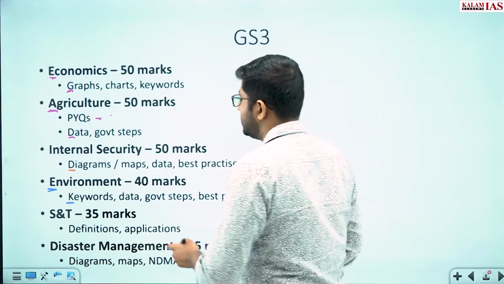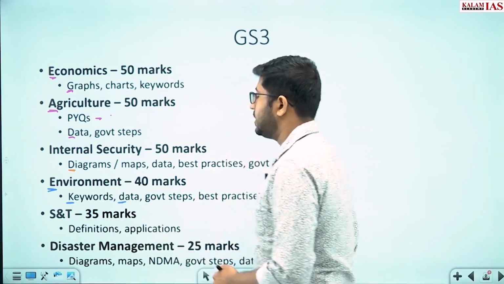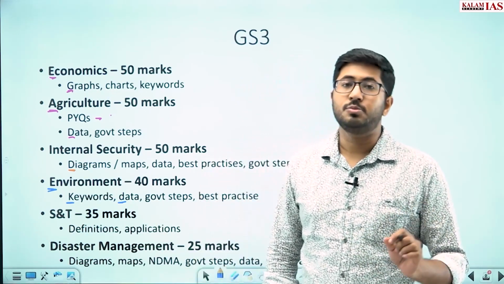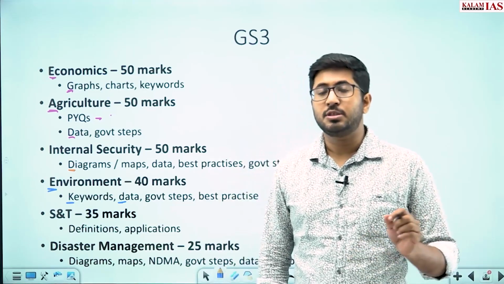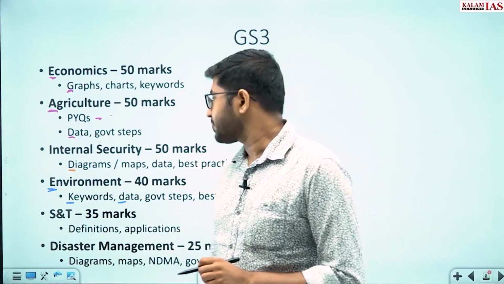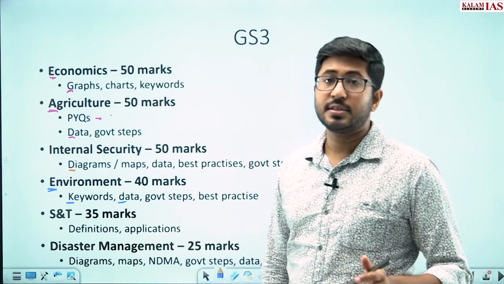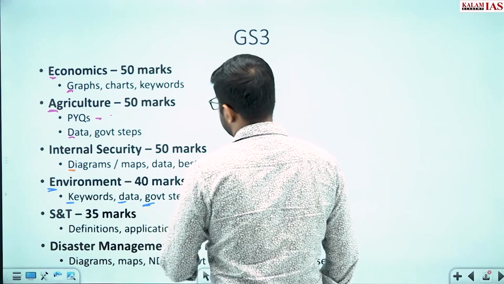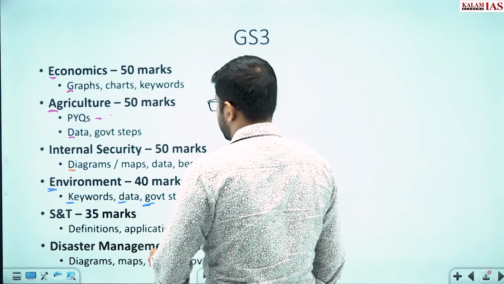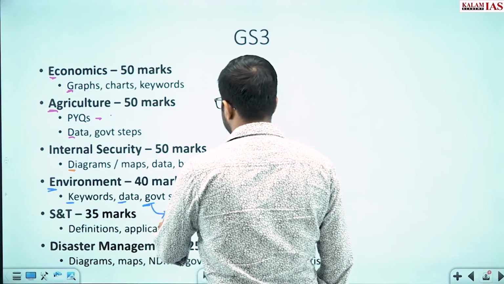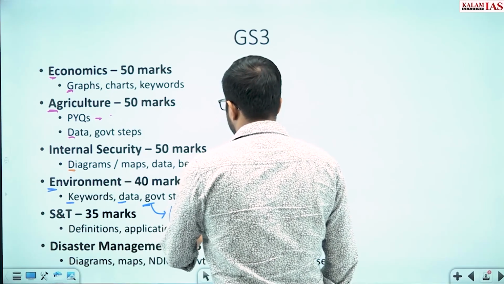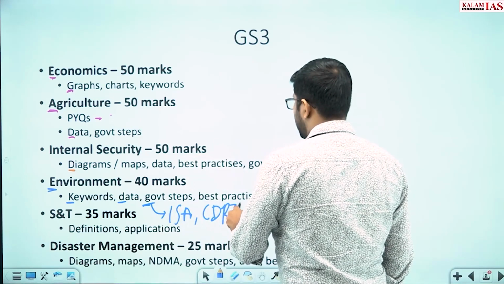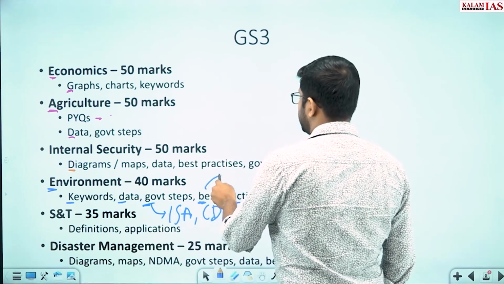Second thing is data. A lot of data is again available, that approximately these many gigawatts of energy is produced by solar energy, or this much percentage of energy is renewable energy in India, or various government steps, like we have the electric vehicle policy or Panchamrit goals, or for climate change we have the International Solar Alliance, we have CDRI for managing disasters, and various best practices to tackle these issues.